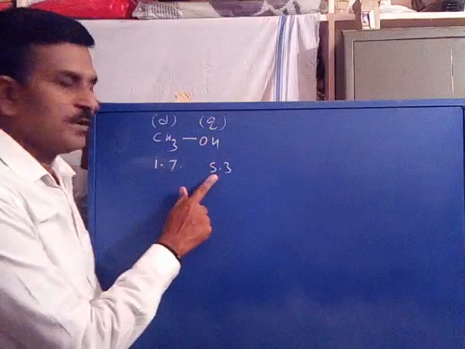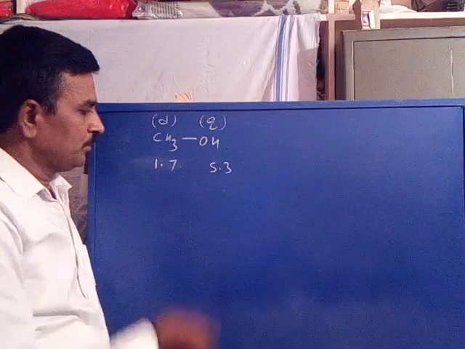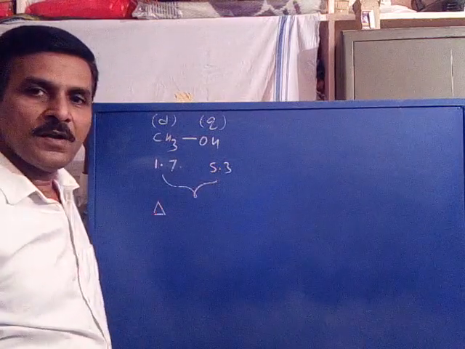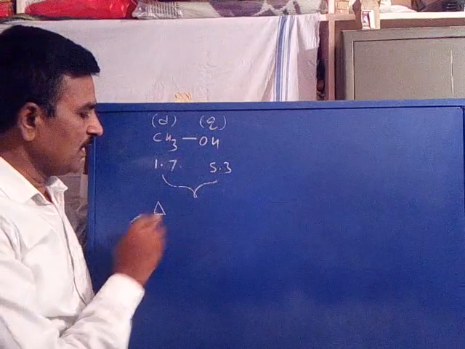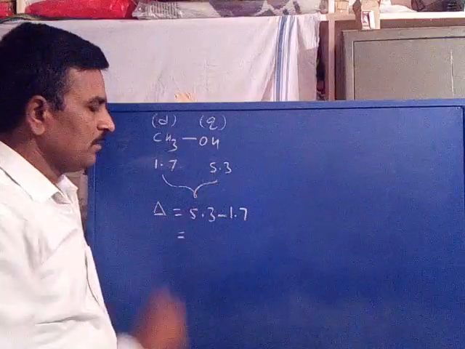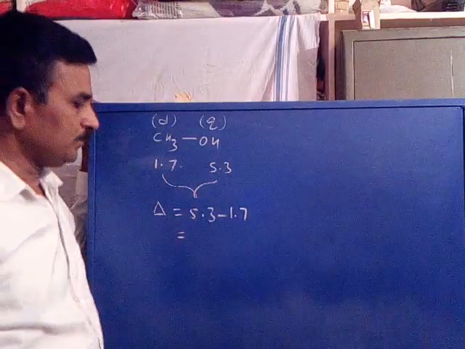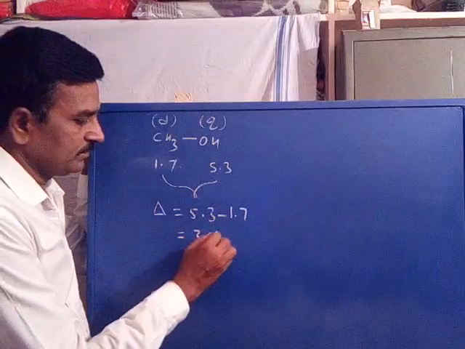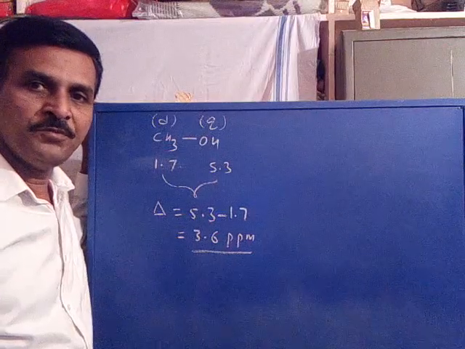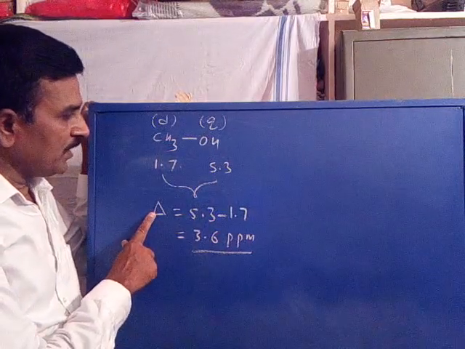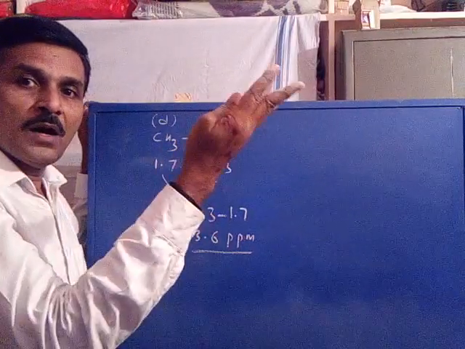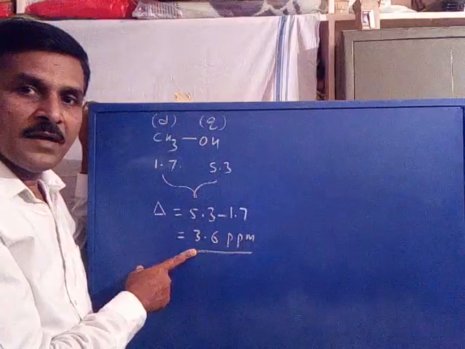The difference in the absorption frequency, delta nu, is equal to 5.3 minus 1.7, which equals 3.6 ppm. Do you observe that the absorption frequency difference between the CH3 proton and the OH proton is too large? The difference is 3.6 ppm.